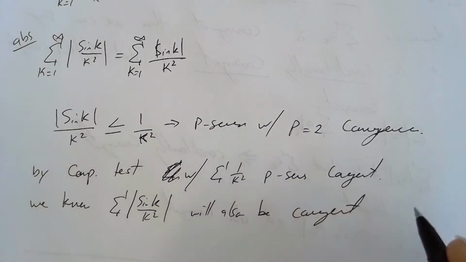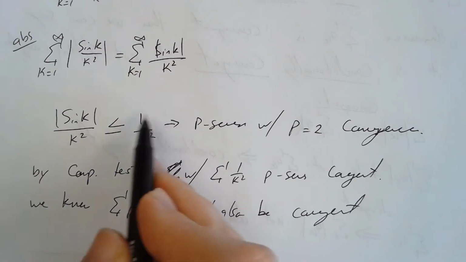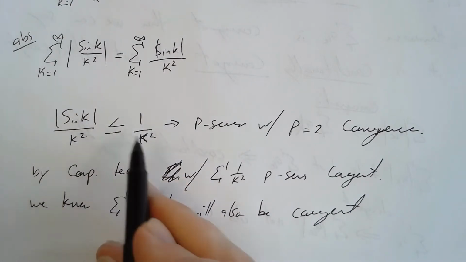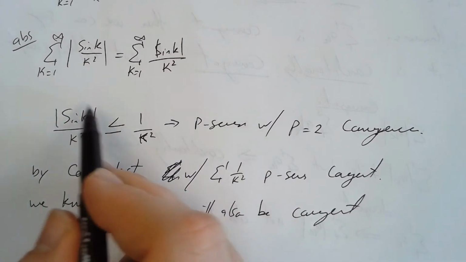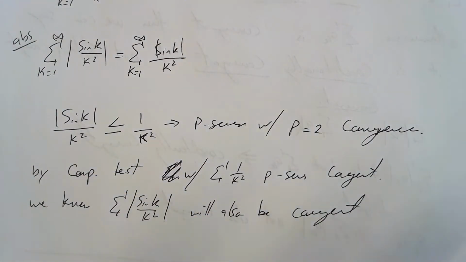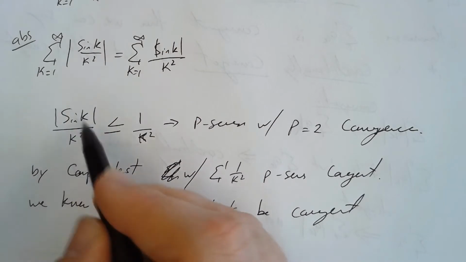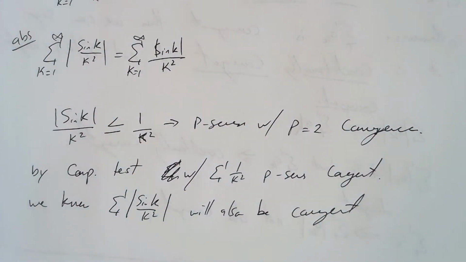We know this because this series is larger than this series, and this series is convergent, so this one also has to converge. There's no way that this one can supersede that one and get larger than it. It can't diverge. It has to converge.